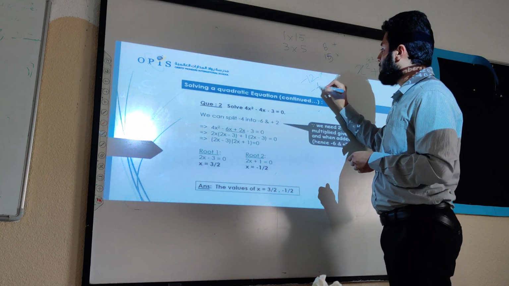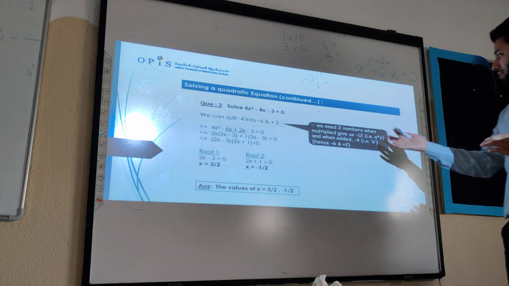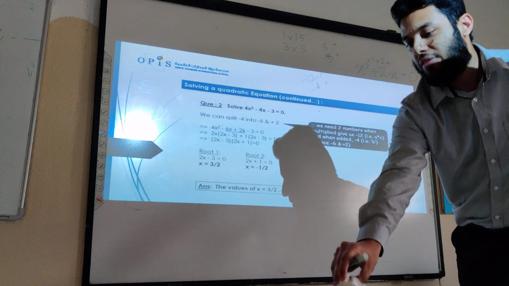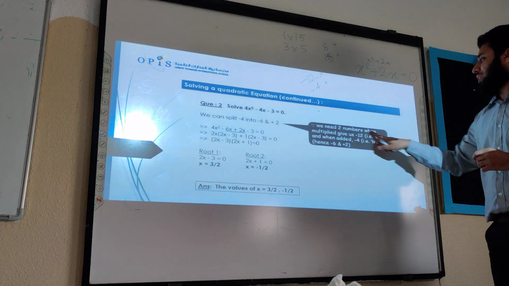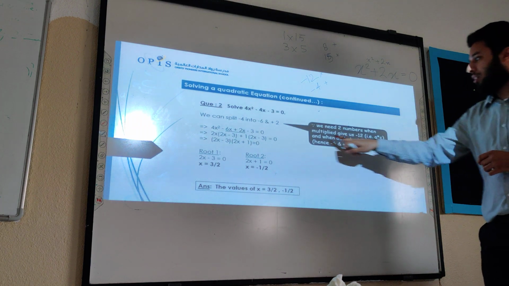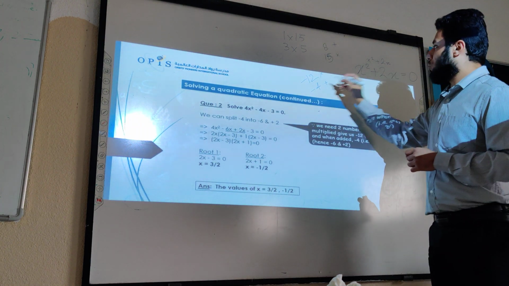We have to obtain minus 4 with the help of addition. Since I have already solved it earlier, we need two numbers which when multiplied give us minus 12, that is a into c, and when added, minus 4.